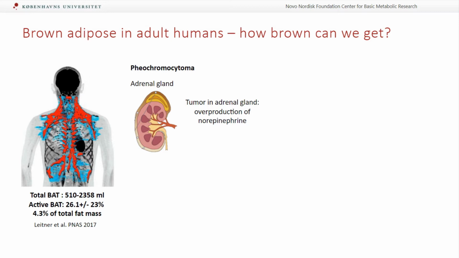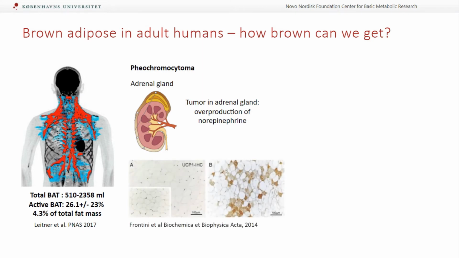And when you have this tumor, we can see that there is an increase in brown fat differentiation or thermogenic fat differentiation in the visceral fat that is nearby the adrenal gland. So you can compare the picture to the left, where a tissue section comes from a healthy person, to the tissue section to the right, where we have more thermogenic kind of cells that are positive for UCP1.